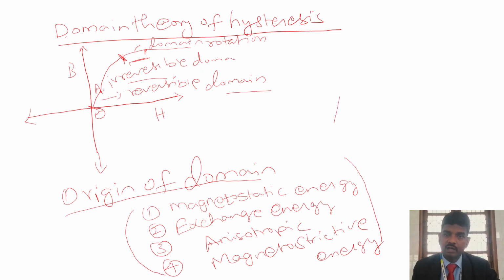If the domains are not formed, and all the atomic dipoles are oriented in a particular direction, then all these energies are maximum, which is an unstable condition. No material in this world will stay in an unstable condition for a longer duration. It tries to become stable, and in order to become stable, these energies are minimized. These are the topics that you have to learn in magnetic material.